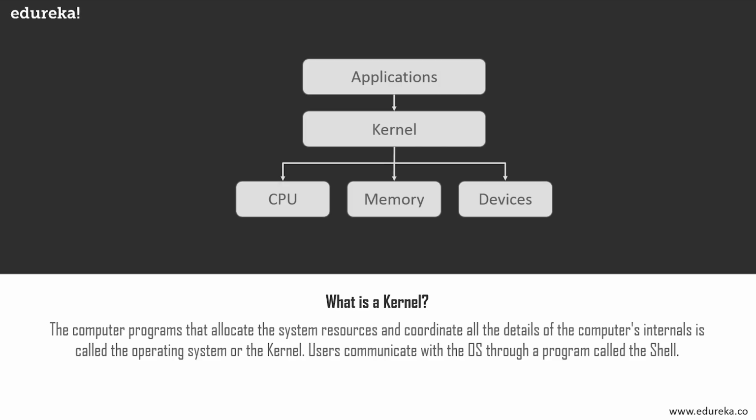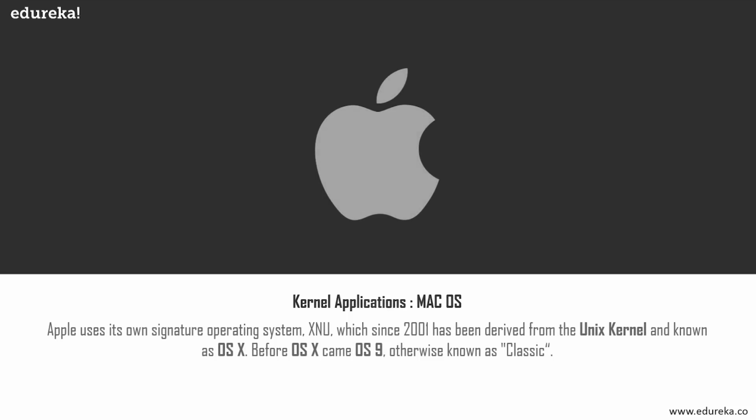It interacts with the hardware, and most of the tasks like memory management, task scheduling, and file management are done by the kernel. Users communicate with the OS through a small program called the shell, which we shall be elaborating upon later. Now, one of the very interesting applications of the kernel is Apple's iOS or macOS.